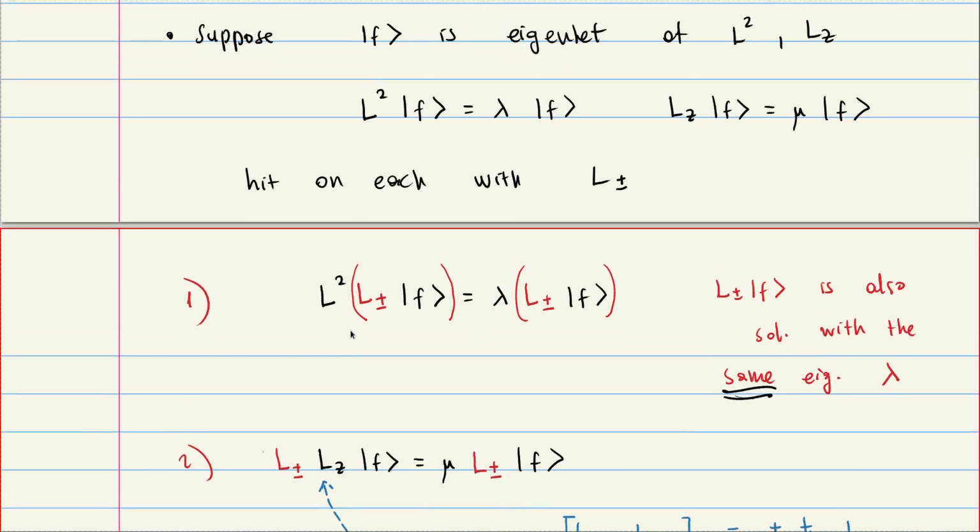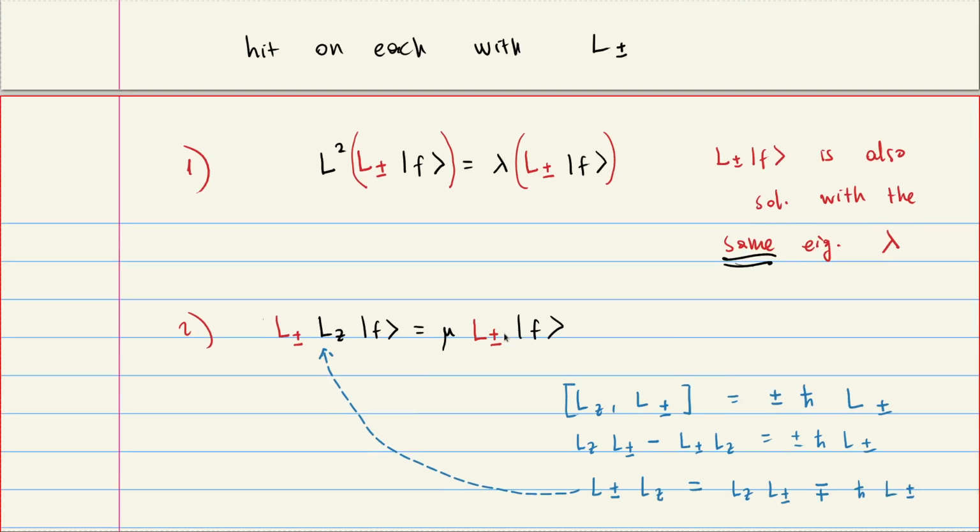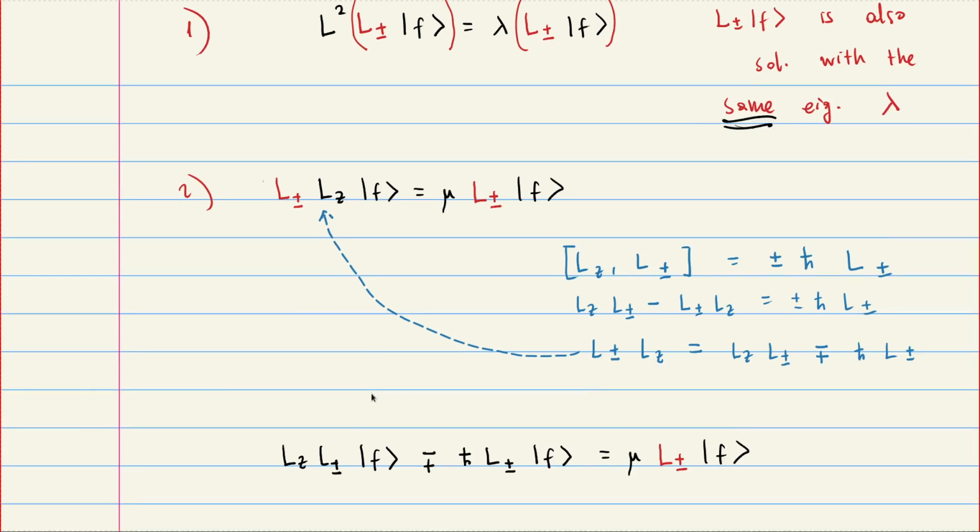So this is the first one, but the second one needs a little bit more work, right? For the second one, I also hit both sides, which is given to us, with L plus or L minus. On the right hand side, L plus moved through the eigenvalue because it's just a number. On the left hand side, we had to do some work. And the work was using the commutation of Lz with L plus or L minus.